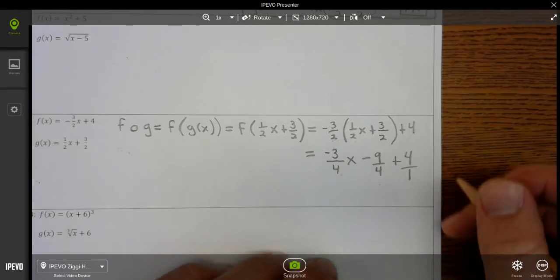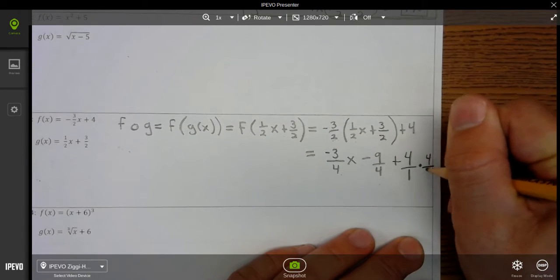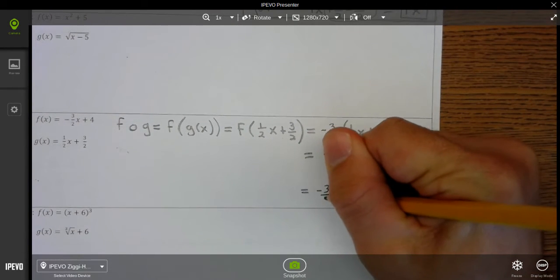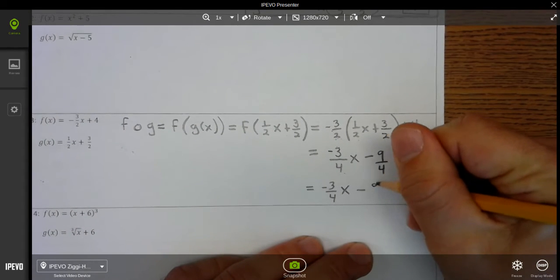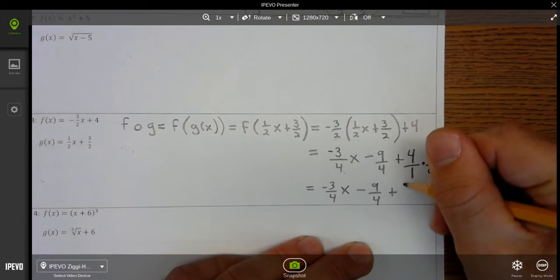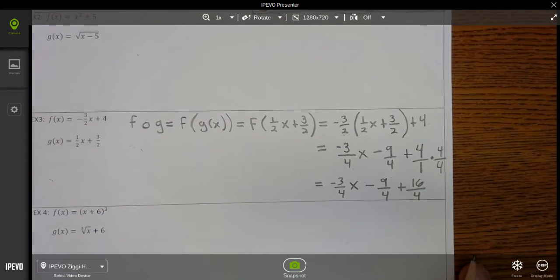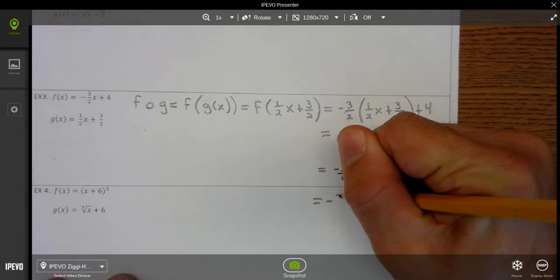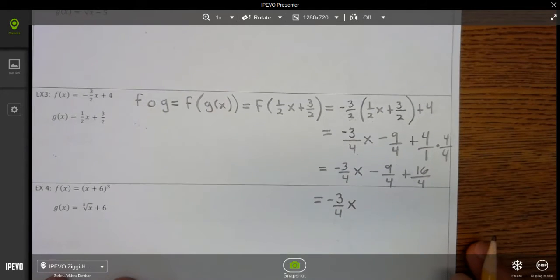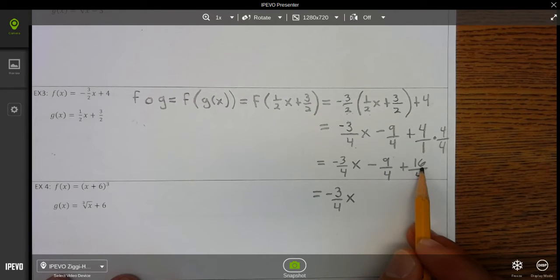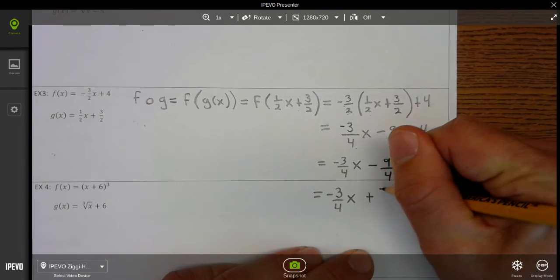I'm going to put one denominator, so I need to multiply this by 4 over 4. And so then you get negative 3/4 x minus 9/4 plus 16/4. And so that equals negative 3/4 x. Now when you combine fractions, as long as the denominators are the same, which they are now, we combine. So negative 9 plus 16 is positive 7/4.